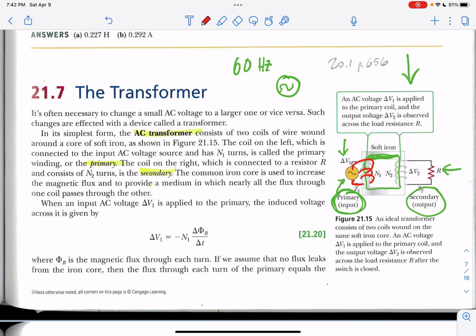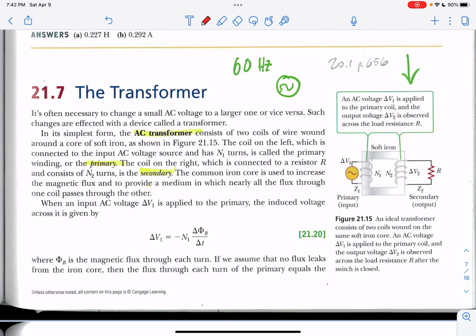And of course, that current is going to go one direction, and then it's going to go the other direction 60 times a second as the magnetic field collapses and expands 60 times a second, which in turn then is going to create or induce a current in this coil right there. And that electricity then, alternating current, is going to go through your load and operate whatever is represented by this resistor right there.